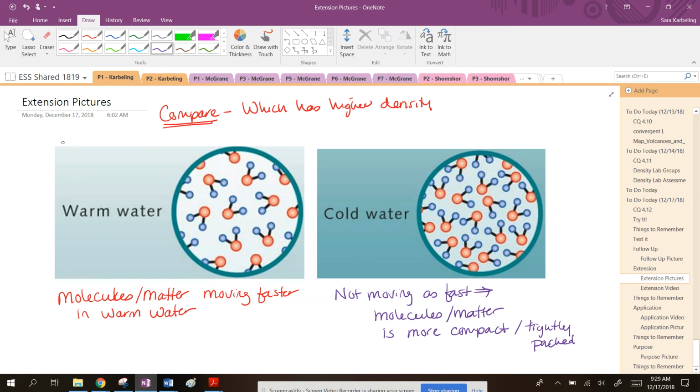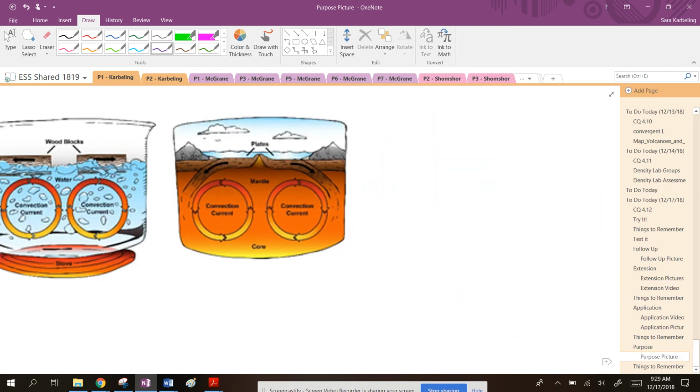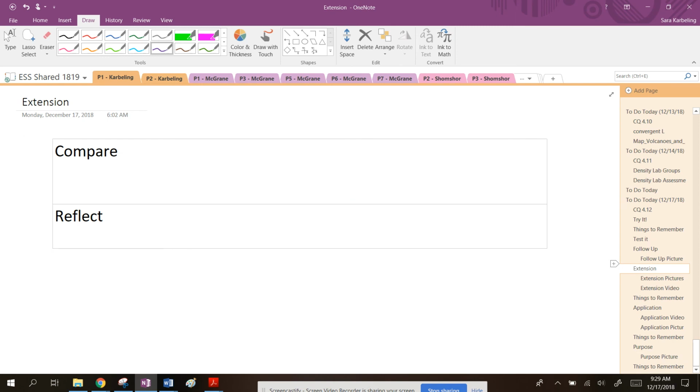Okay. So now, my next question, are we okay with this? Yeah? My next question for you is, oops, wait, come back to there. So that was your compare. My question now is, in the reflection section, that rhymed. In the reflection section, which one's going to float? Warm water or cold water? Which one's going to float? What does that mean?